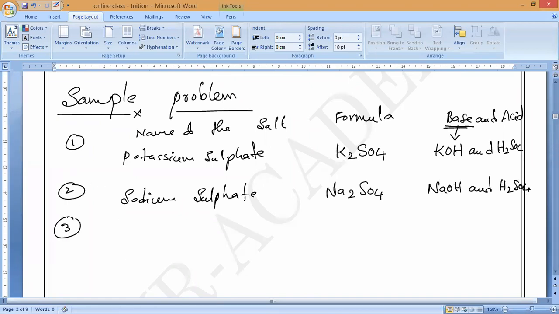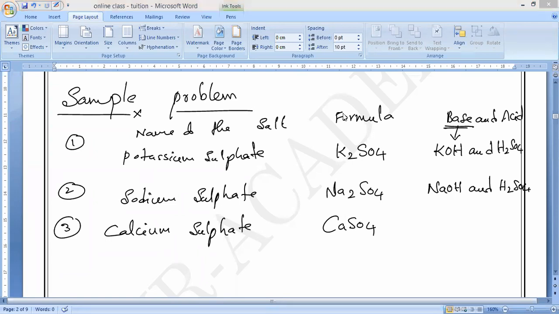Next, very, very important. These are all things you must know. Next, calcium sulphate. Everybody must learn it now itself. CaSO4. See, here 2 is coming, but here 2 is not coming. Why? Because we equalize the valence; calcium's valence is also 2.